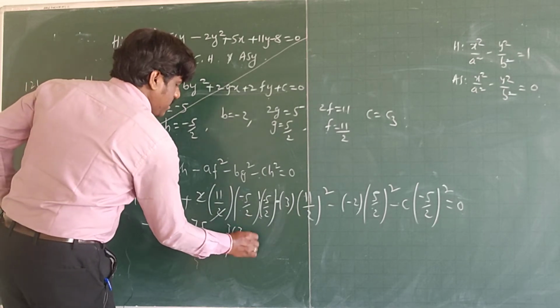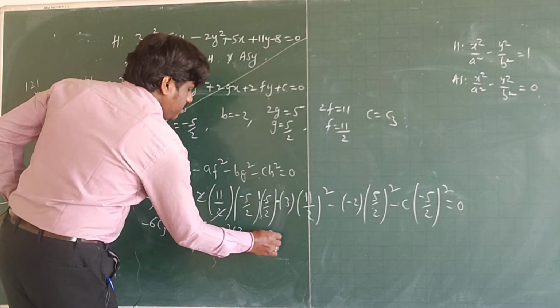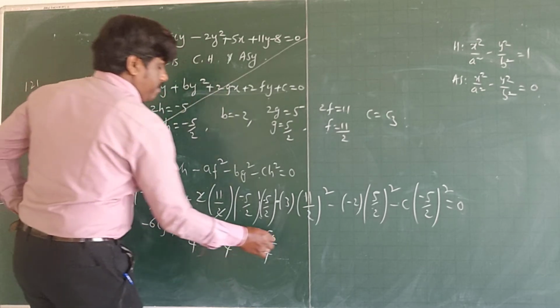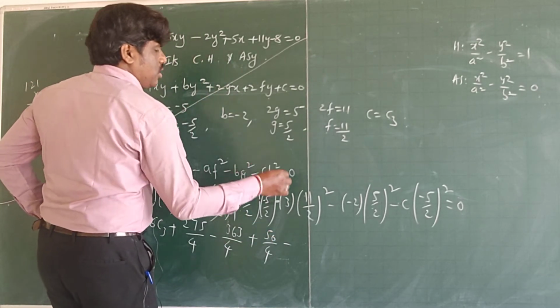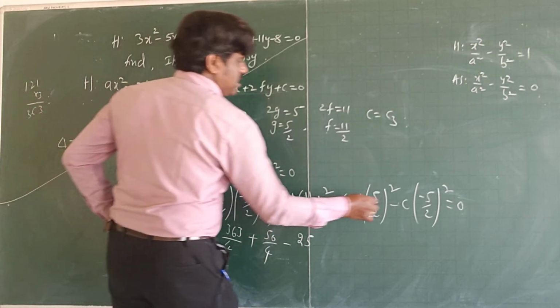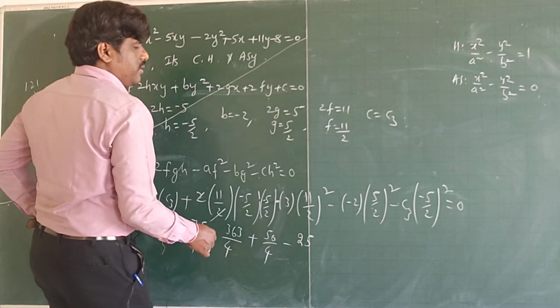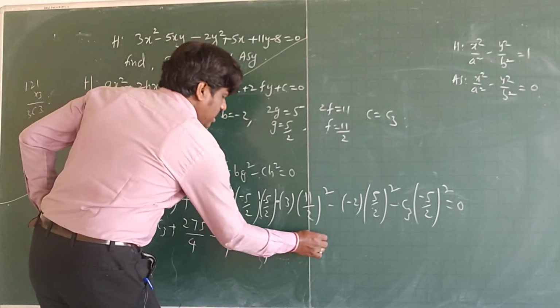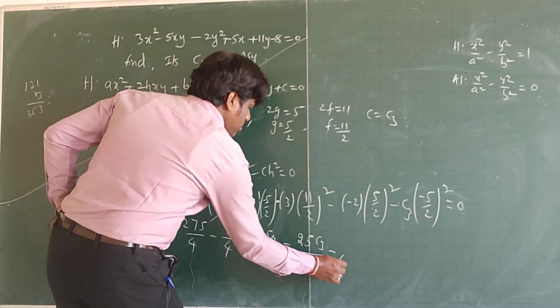Then minus into minus gives plus 50 by 4, and minus 25 c3 by 4 is equal to 0.